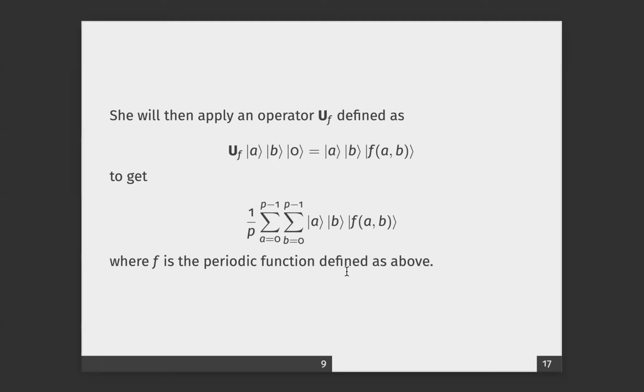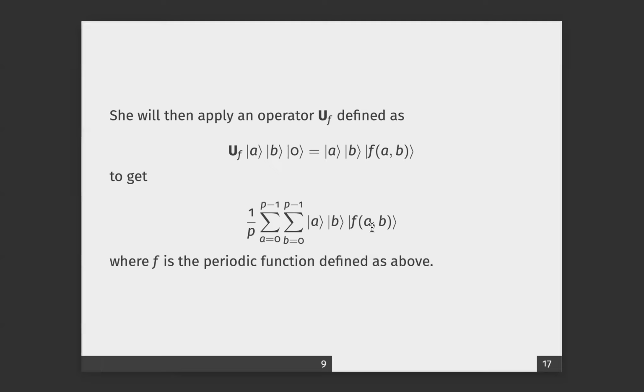So now that both your input and output registers are in this state, the next thing that you'll do is to just measure it. When you measure it, the value of f(A, B) will collapse into a definite value.